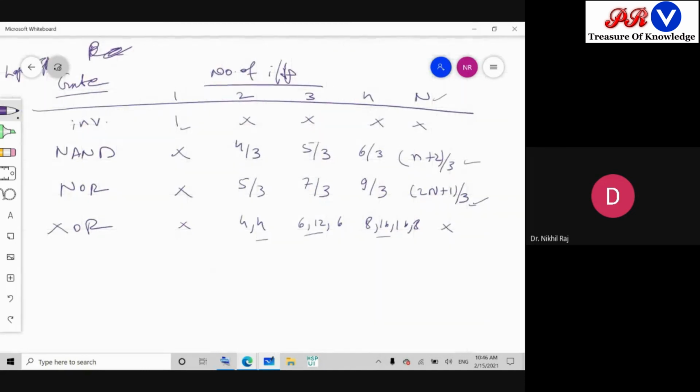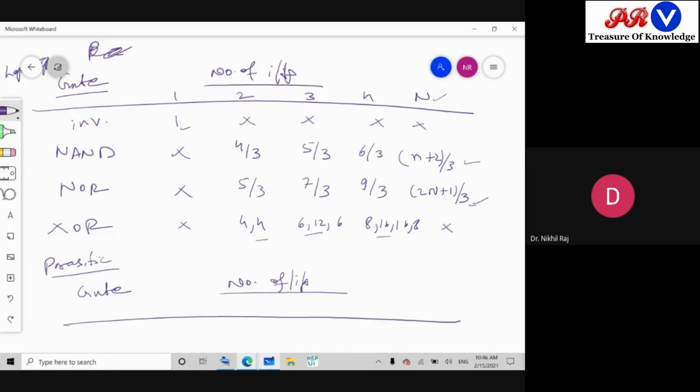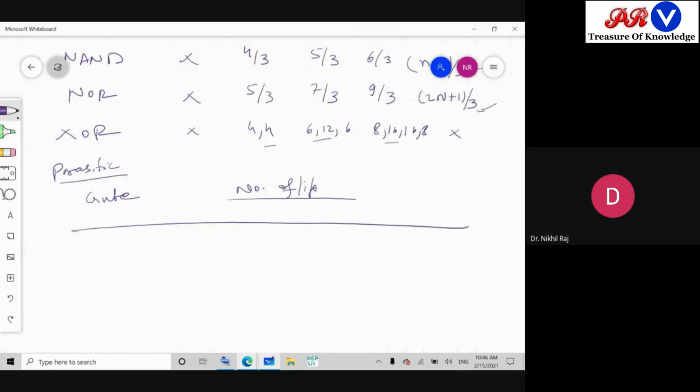Similarly, for the parasitic delay, we have seen the observations. So what was the observation? Let's write gate and number of inputs here. If we make the table, write the standard gates: inverter, NAND, and NOR.